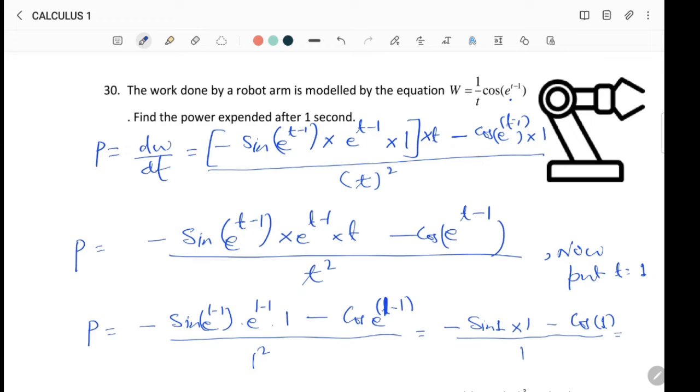So first let me change my calculator to radian. So minus sine 1 minus cos 1. I got minus 1.38. Okay, so this much I got.